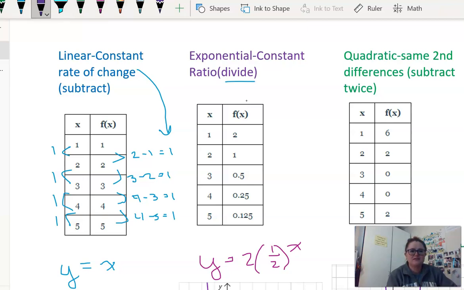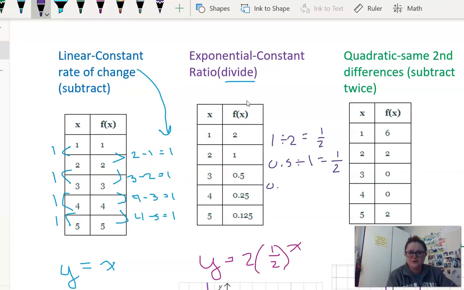I'm going to change my pen here. So what we're going to do is the same process, but instead of subtracting, we're going to divide. So right here, you're going to do 1 divided by 2, and that will give you 1/2 or 0.5. Then we're going to do 0.5 divided by 1, which is 1/2.